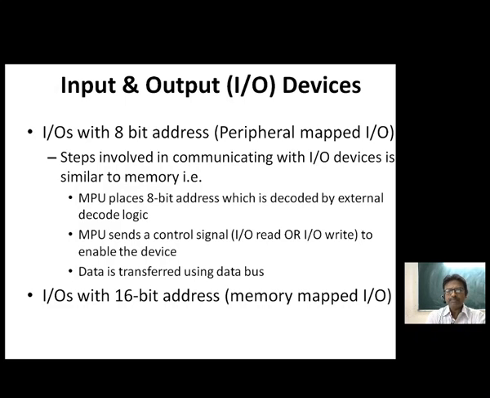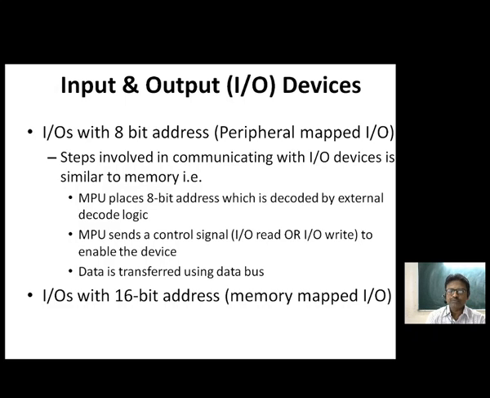In the peripheral mapped input output case, the input output unit is considered a separate unit besides the memory unit, and only 8-bit addresses are utilized for addressing the input or output devices.